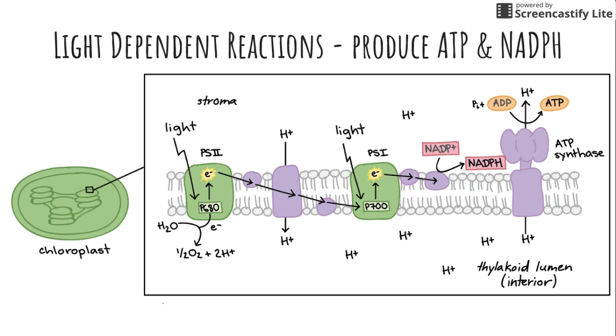This is called electron excitation. Molecules in the thylakoid membrane accept the excited electrons from the chlorophyll, and this is called the primary electron acceptor. Then the primary electron acceptor donates the electrons to a series of molecules in the thylakoid membrane. This is called the electron transport chain.